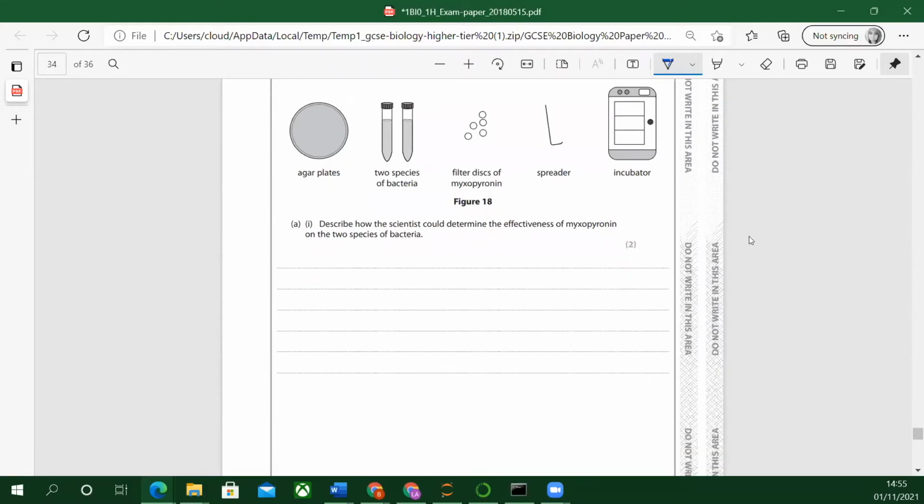Okay, so antibiotics, that's the type of antibiotics. So antibiotics kill bacteria or prevent them from reproducing. Okay, that's a bit of background.